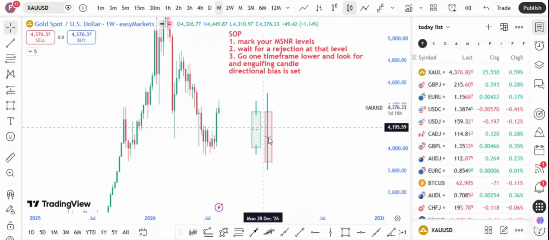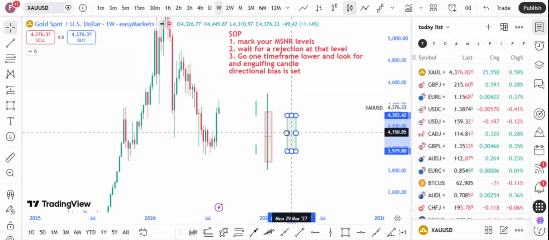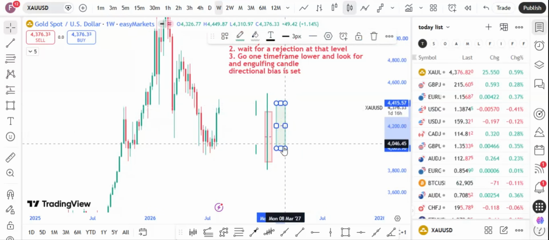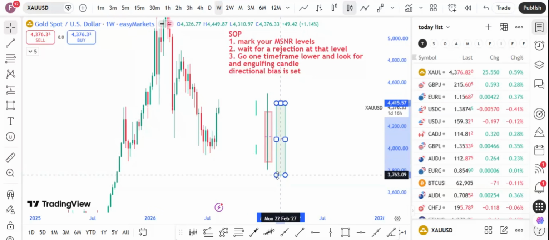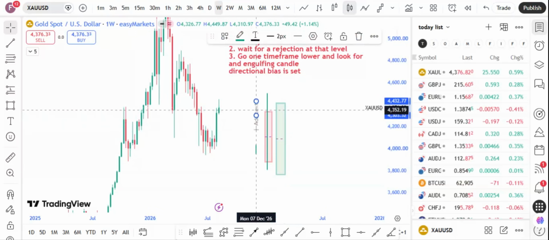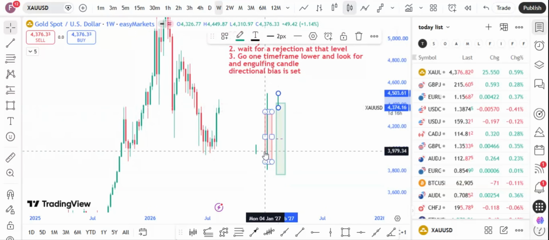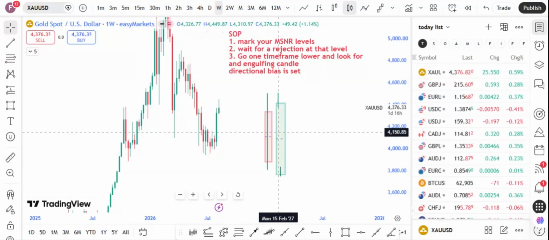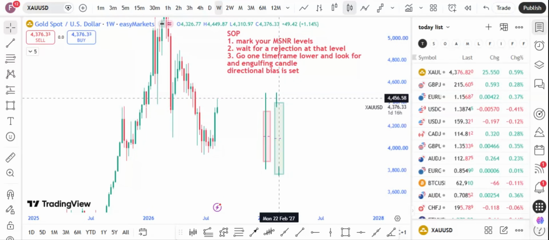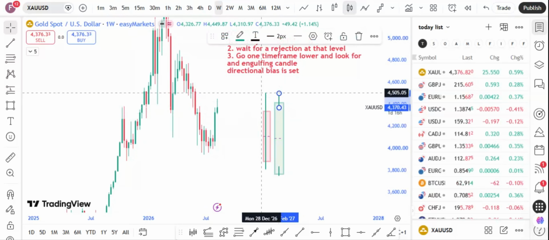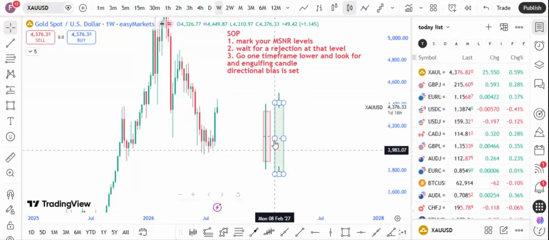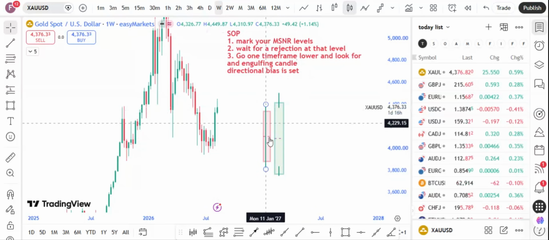And then for a bullish engulfing candle, this is a bullish engulfing candle because the green candle has engulfed the red candle.